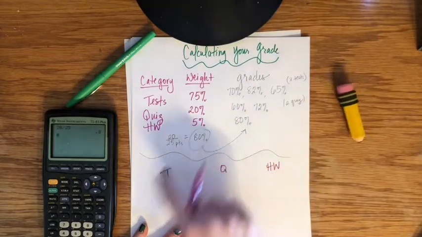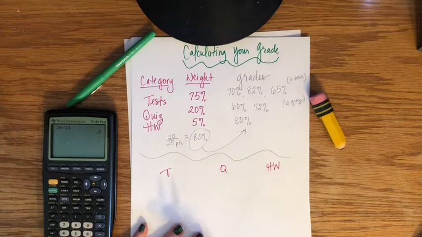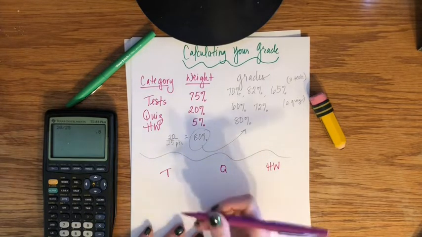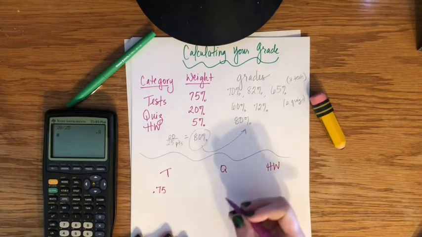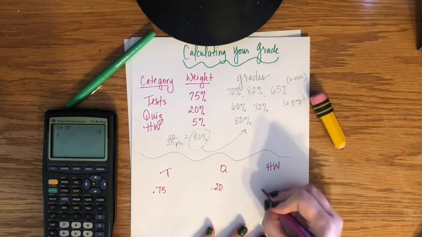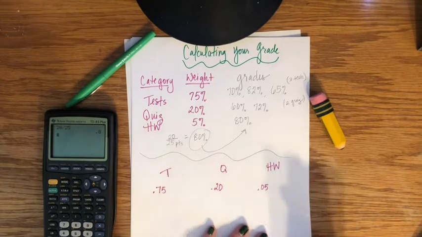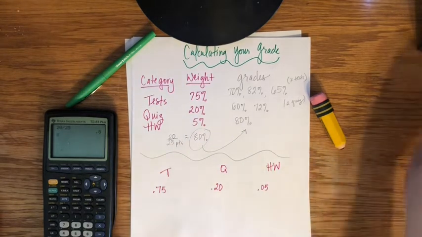Remember, that's the score that we got from your hypothetical 20 out of 25 points on the homework. So we've got our tests, our quizzes, our homework. My tests are worth 75%, so 0.75, quizzes 20, so 0.20, and then homework, be careful, it's not 0.5, that would suggest that it's 50%. It's going to be 0.05.